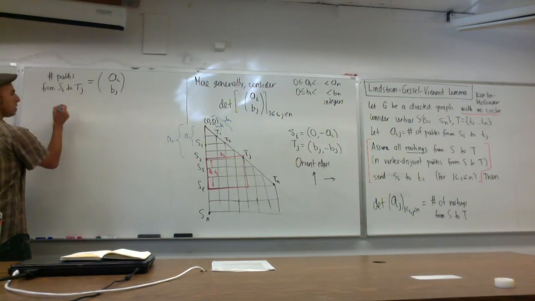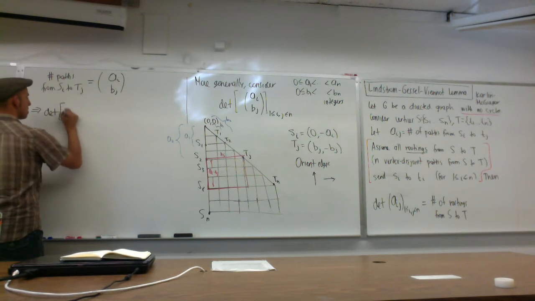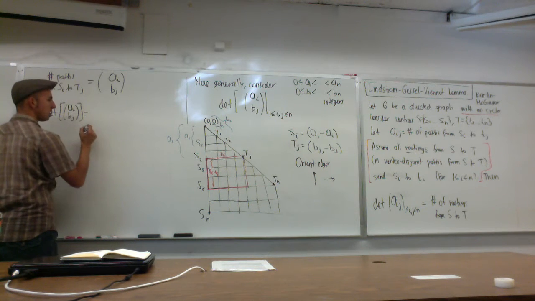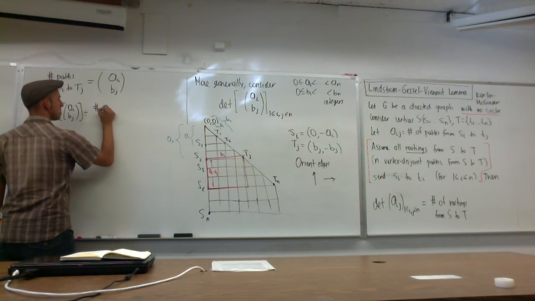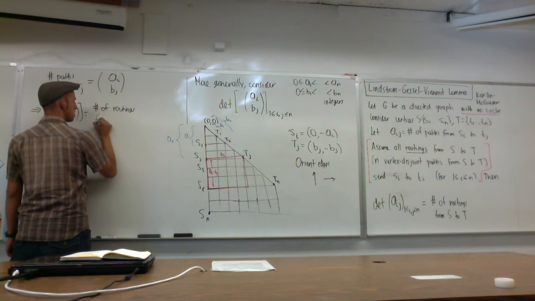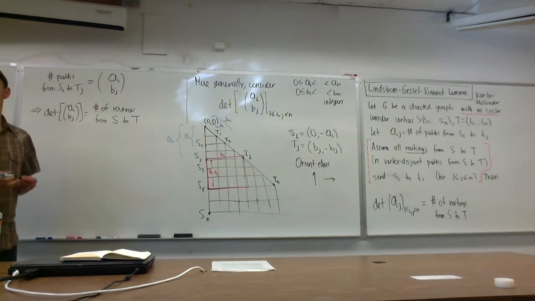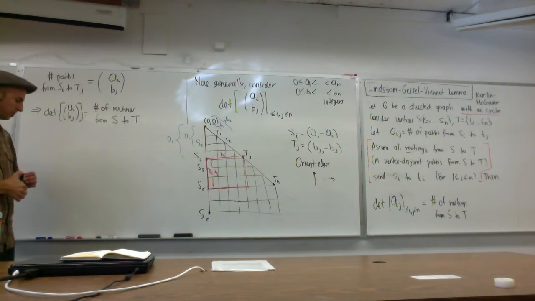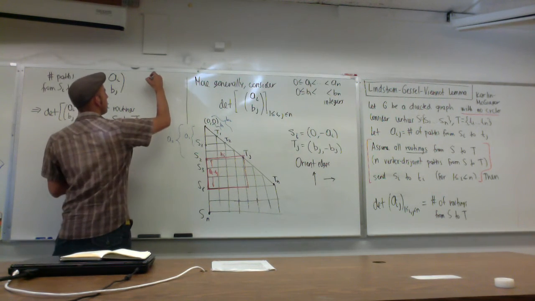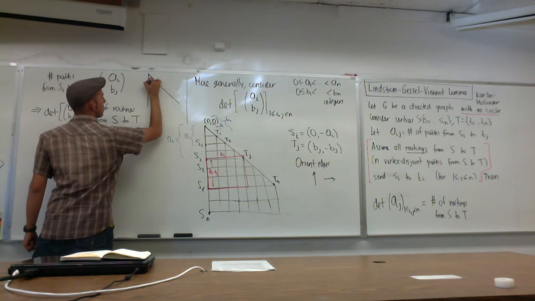And therefore, my determinant that I'm trying to understand is just the number of routings from S to T. What does the routing look like? Again, you have these points here.